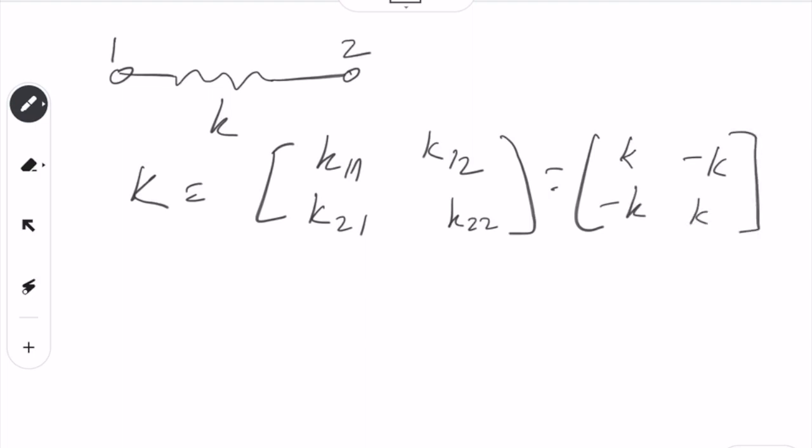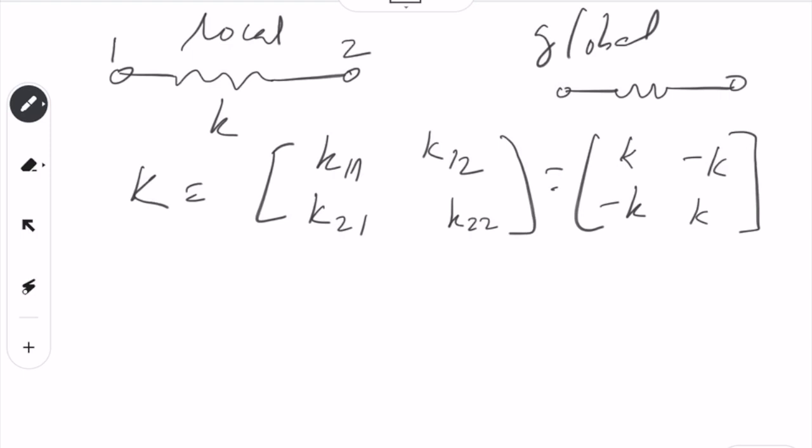Let us say that this is the local numbering, and the global number was 5 here and 7 here. Then how to assemble? Then this is a small k. For big K, we have to look for number 5 and 7.